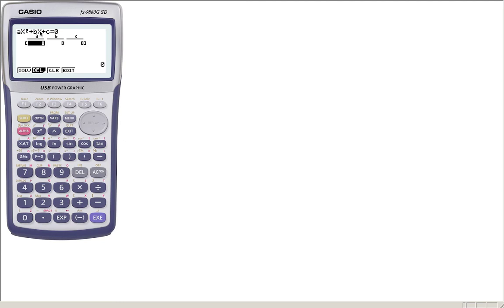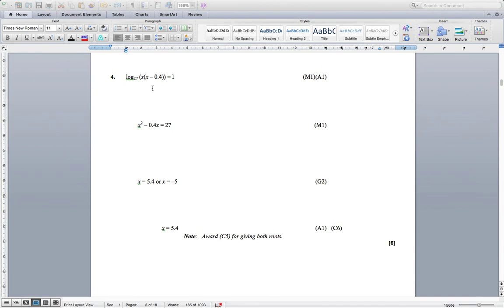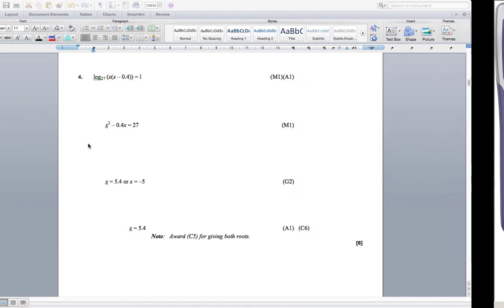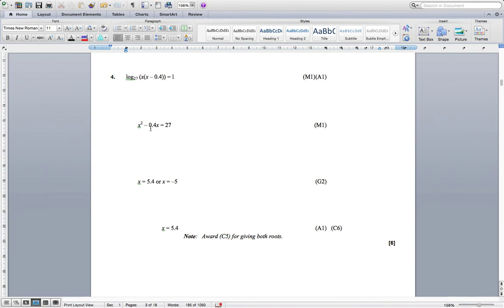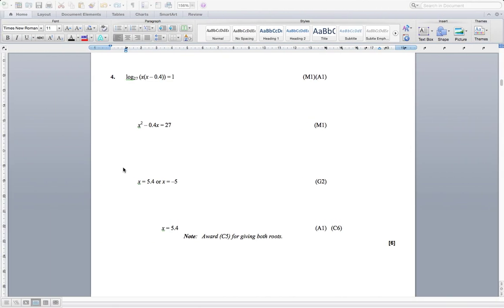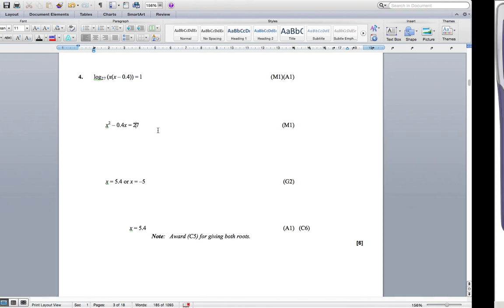Okay, ax square plus bx plus c equal to 0. So a is the coefficient of x square. Here it is 1, so let me type 1. And b is the coefficient of x, which is minus 0.4. So minus 0.4. Okay. And c is the constant term, but it should be written on the left hand side, so minus 27.